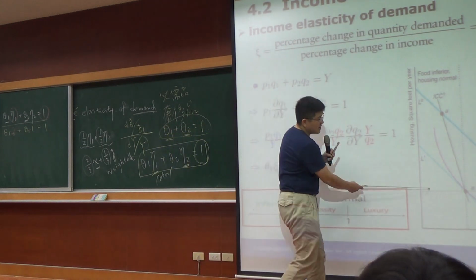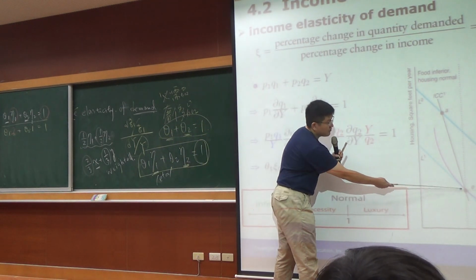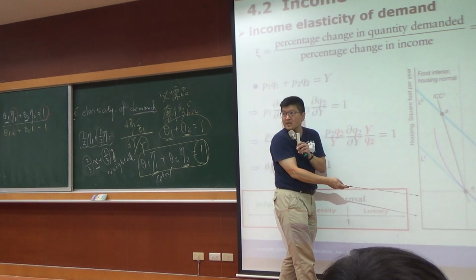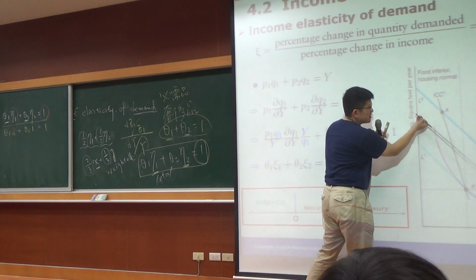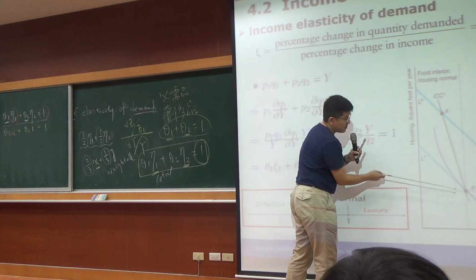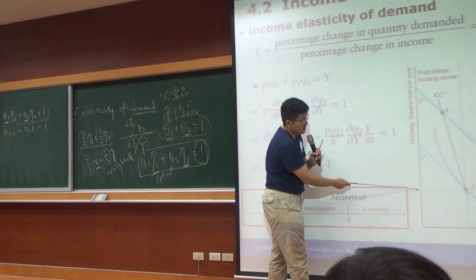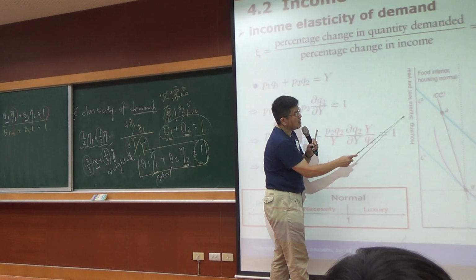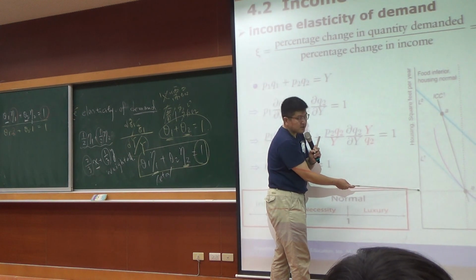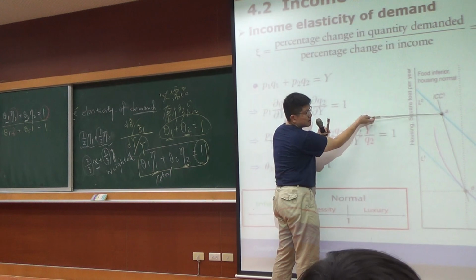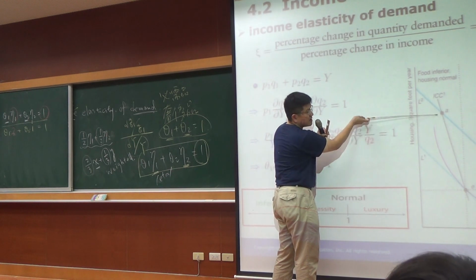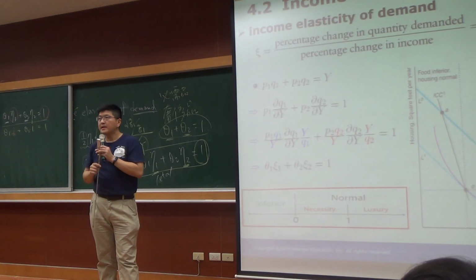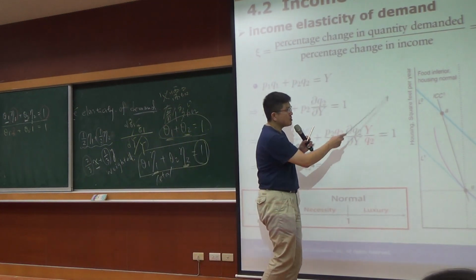So you will see the quantity demanded of good 2 get higher when income increases from here to here, then the quantity demanded of housing will be raised from here to here. And you will see the percentage is quite large, right? So in this case, good 2 must be luxury.